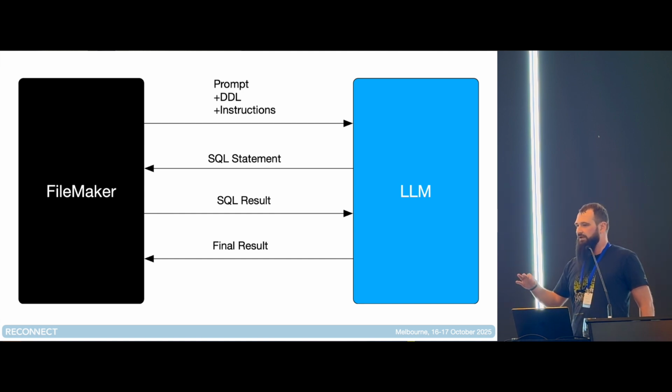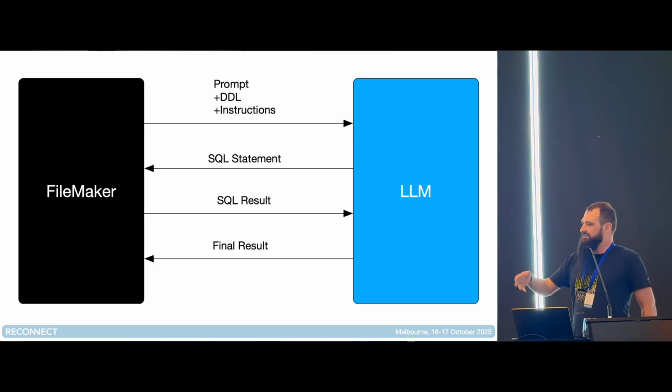That's the behind the scenes FileMaker prompt on how it should be forming these SQL queries. The LLM takes all of that information and it tries to form an SQL statement that it sends back to FileMaker. And in this case, you can think of the large language model as an intern or an apprentice. They're going to do their best to answer you, but they've only got the information that you've sent through.